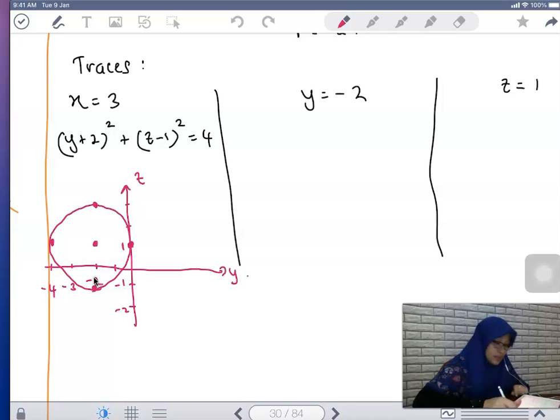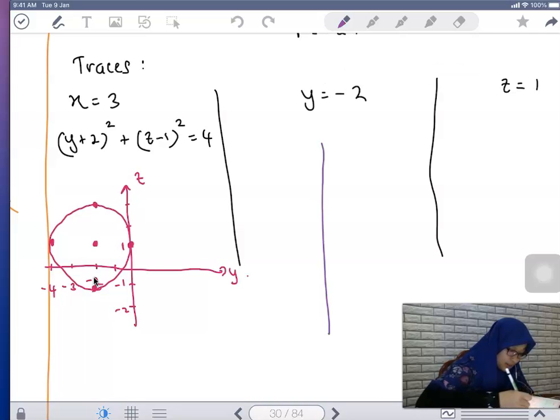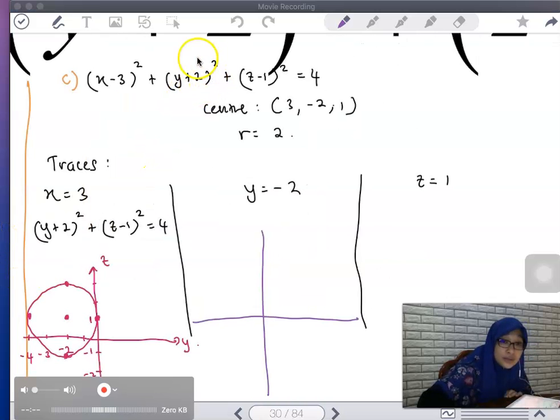Okay, and now we move to the next curve. For this, when you set y equal to -2, this part becomes 0.